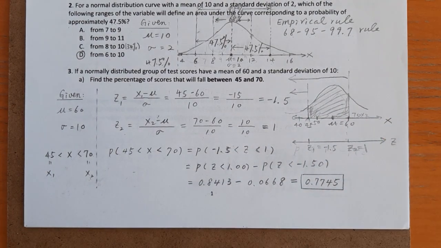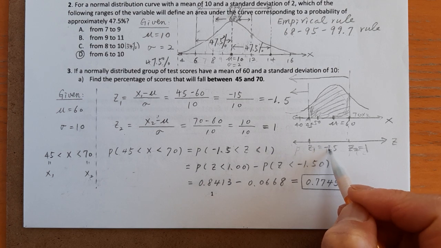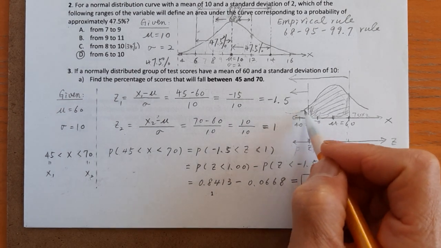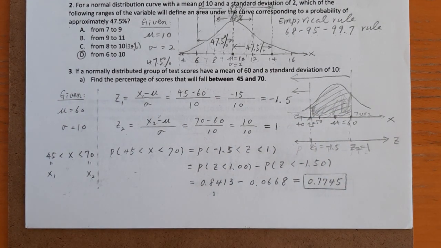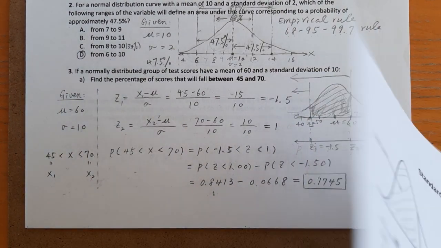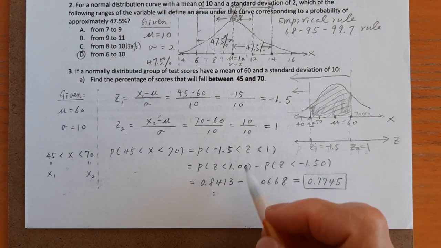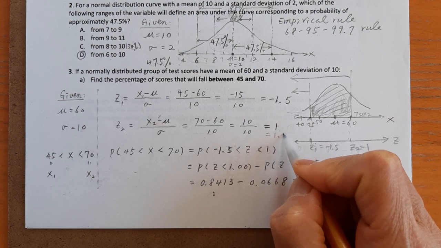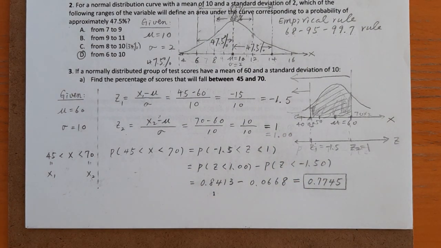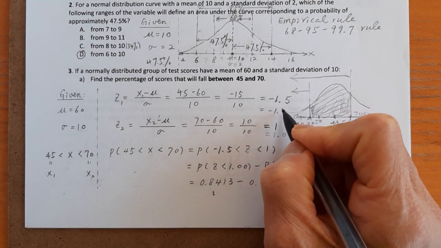That's the area, minus the probability of Z less than negative 1.5, which is this area. And that gets the area between. So we look at the table. First of all, Z less than 1, which is 1.00. And this one equals negative 1.50.